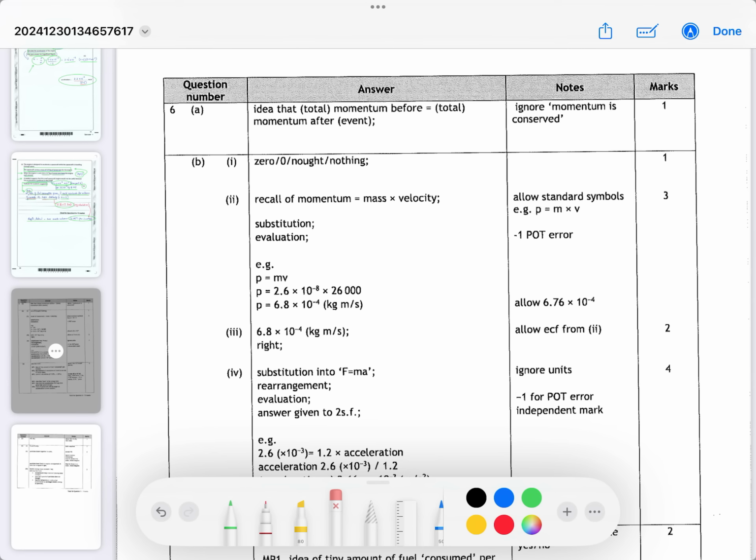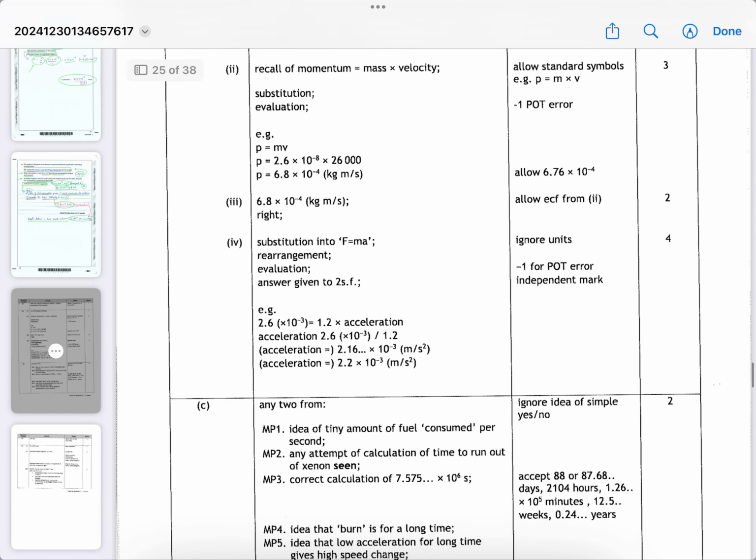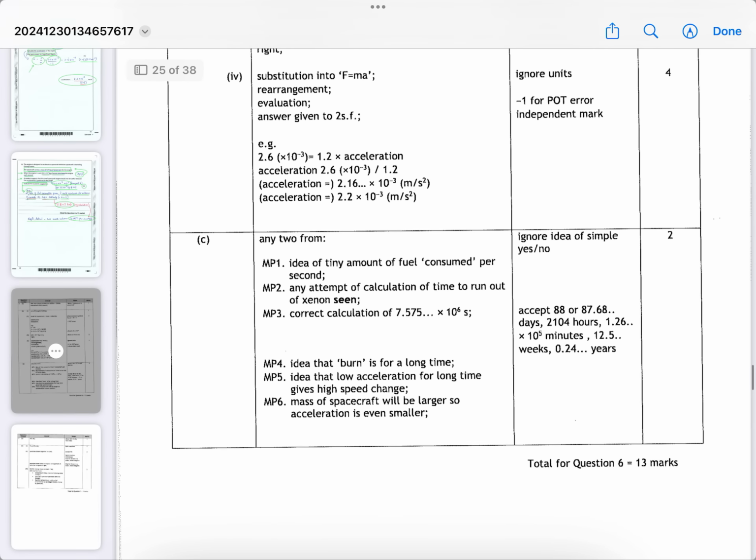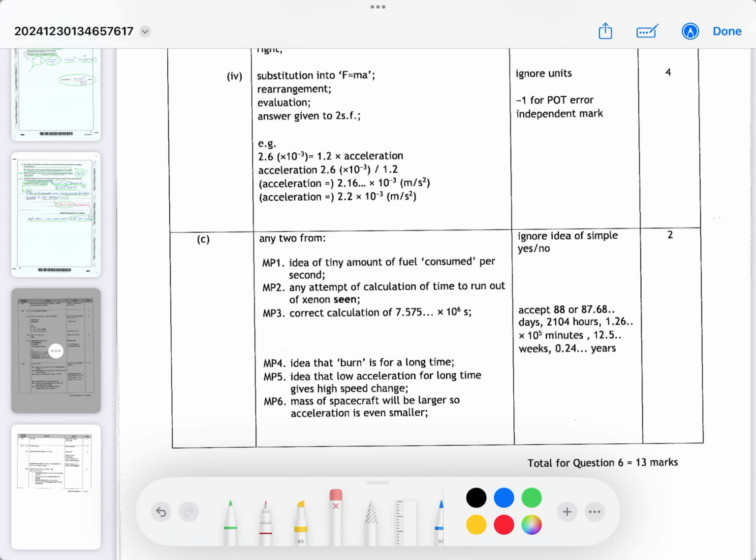Okay, so here are the calculations that we did in part C, and here are the points that I wanted to go through with you. Let's carry on in green. So we're looking at part C. You can get your 2 marks from any of these marking points.